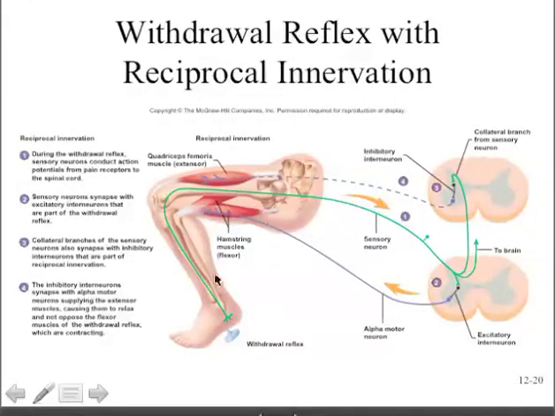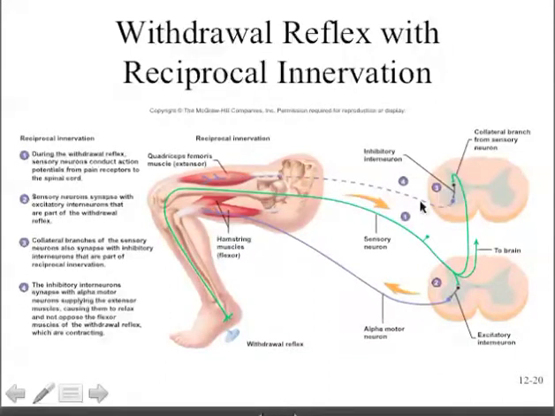And we can see here again how the pathway operates, right? We're building brick by brick here. Here comes the painful stimulus in through the dorsal root ganglion, through the dorsal root. We synapse onto the alpha motor neuron, which is going to innervate the hamstrings and the knee will bend, but at the same time, at pretty much the same level of the spinal cord, we're also going to have synapsing onto an alpha motor neuron, which will cause the alpha motor neuron that would normally innervate contraction of the quadriceps muscle to fail to fire.